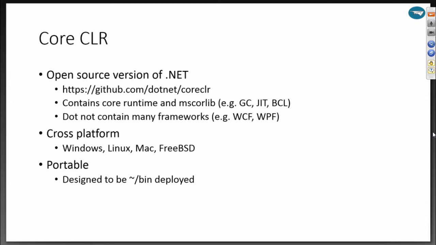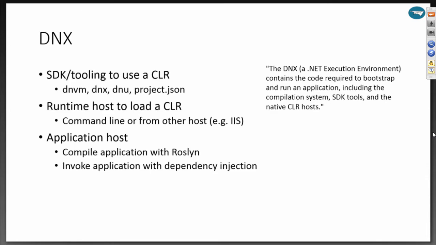The other thing about it, which I forgot to mention as well, is it's actually going to be deployed as a NuGet package. So the entire CLR itself is going to be able to be pulled down into your app as a NuGet. Okay, so getting back to this, we have multiple CLRs, whether it's the desktop CLR or the core CLR or whichever version of the core CLR. And this is where this concept of DNX comes in. Now that we have multiple versions of the .NET runtime, we have to have some mechanism for managing these different versions.